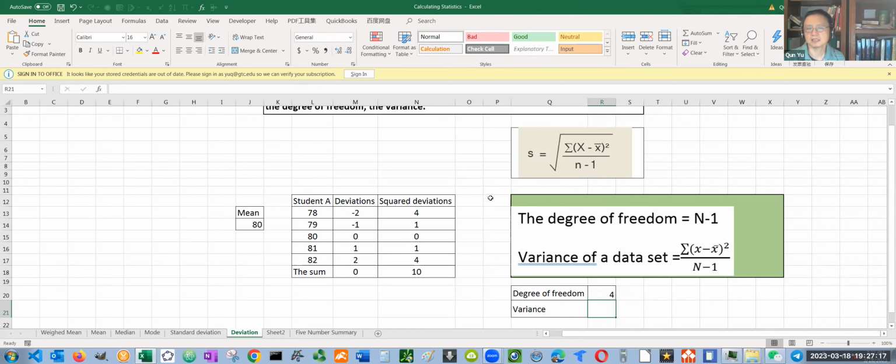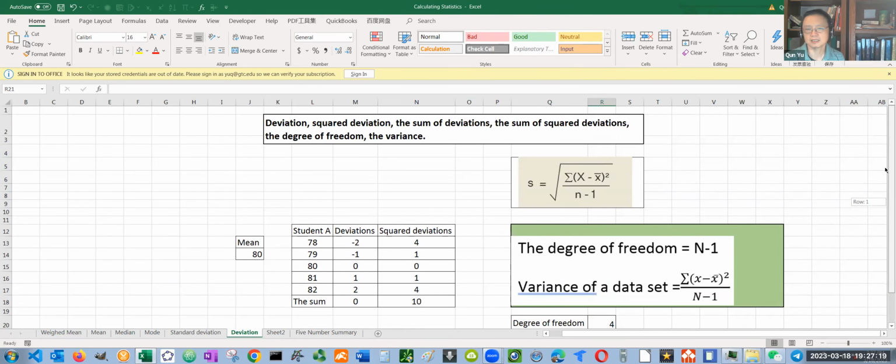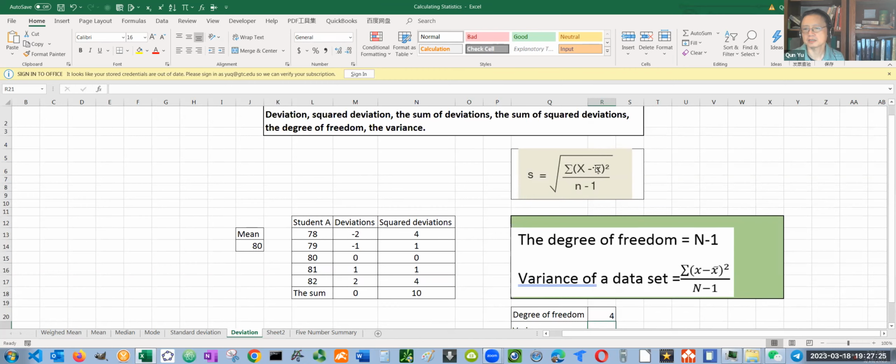Now the last item in our list of calculations here is the variance. Variance is this whole thing inside the square root in this standard deviation formula. In other words, it's the amount right before you take the square root, and that is called the variance.